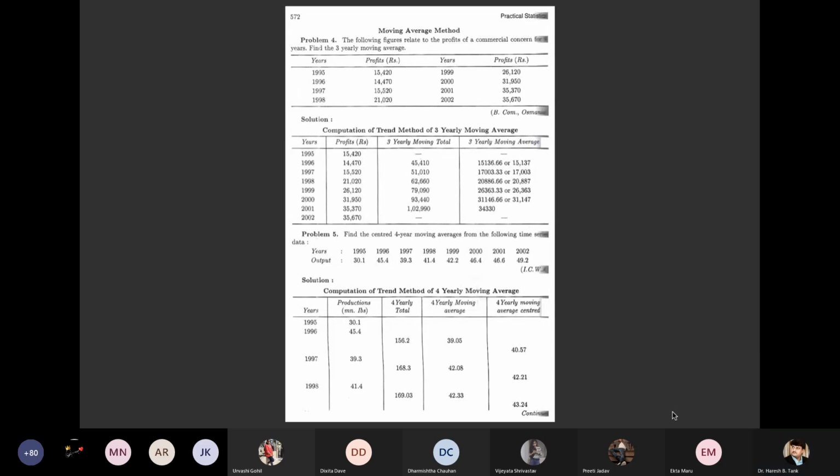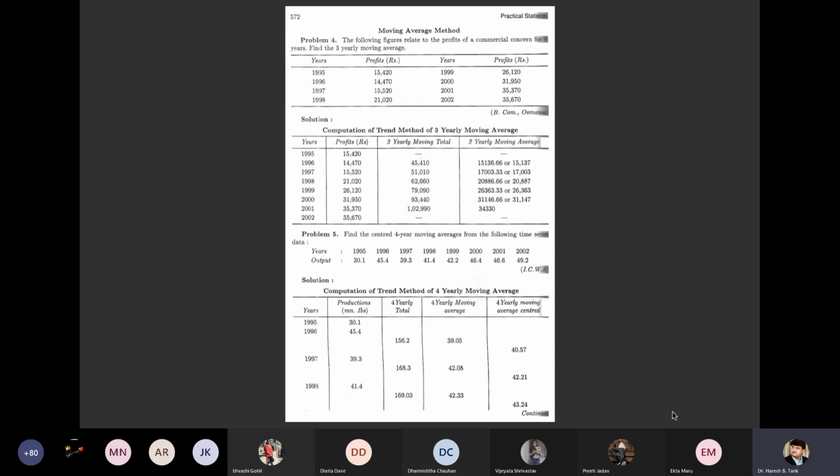Similarly, for the next point, skip the first year and make a bunch of 4. So 45.4, 39.3, 41.4, and 42.2. While making the sum of these 4 entities, it should be against the middle year.